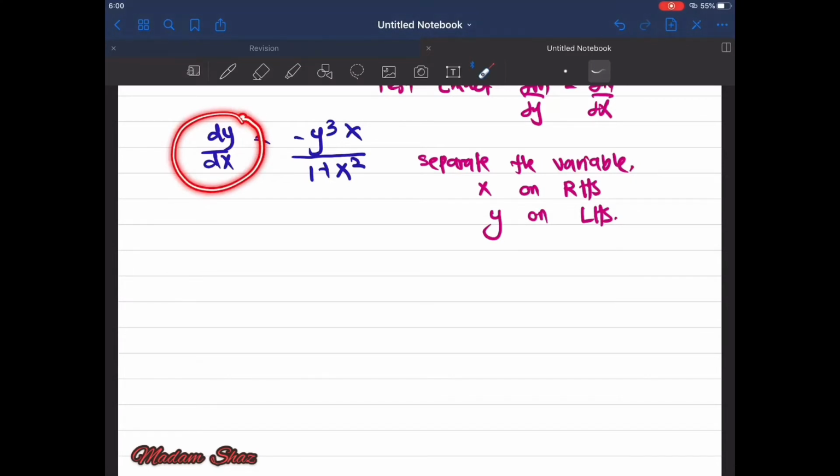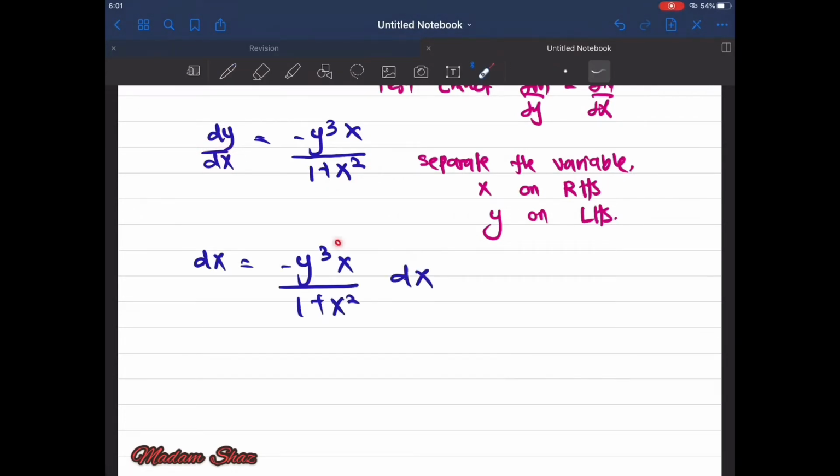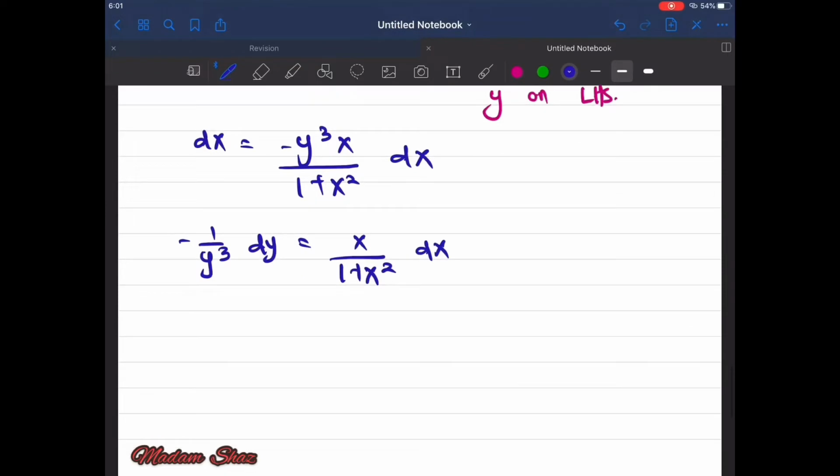Here you have dy/dx on the left-hand side, so dx at the bottom, you bring to the right-hand side, and it becomes multiplication by dx. On the right-hand side you still have negative y cubed. Bring it to the left-hand side and it becomes division. Negative 1 over y cubed dy = x over 1 plus x squared dx.